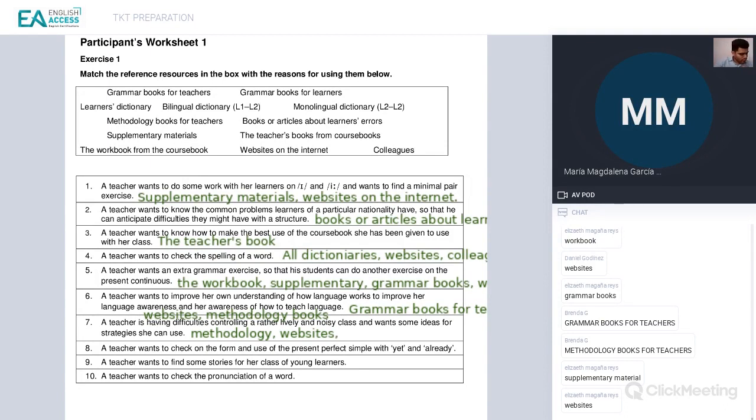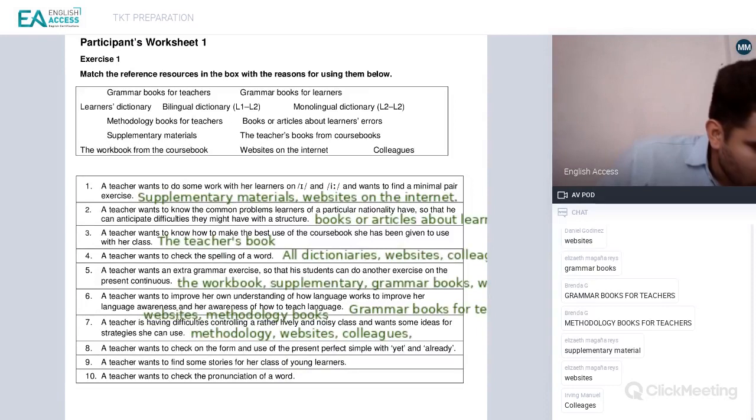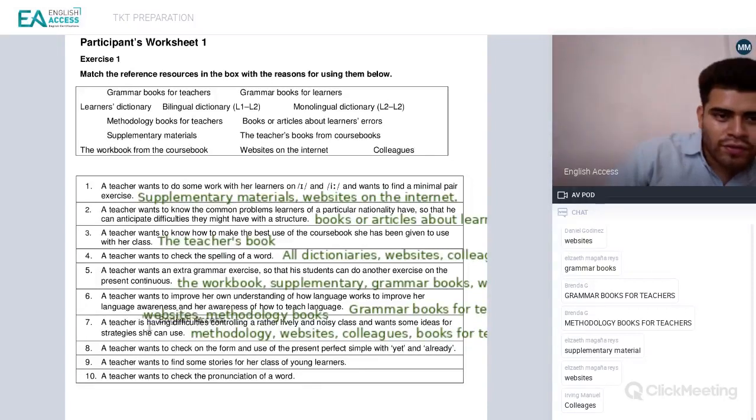Websites. Colleagues, like we did today, everyone gave advice. Books for teachers. All right, very good.